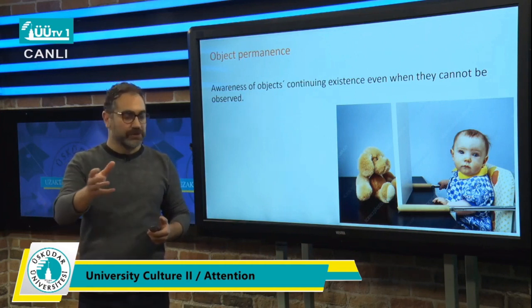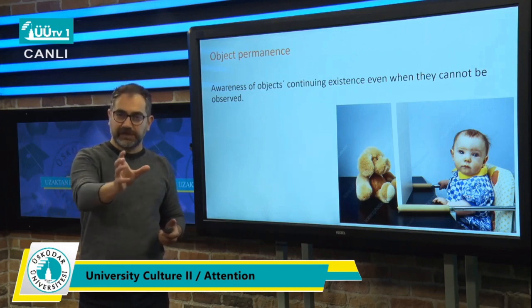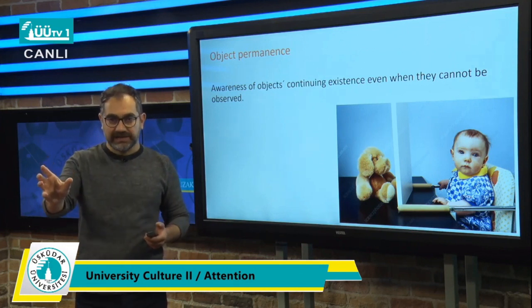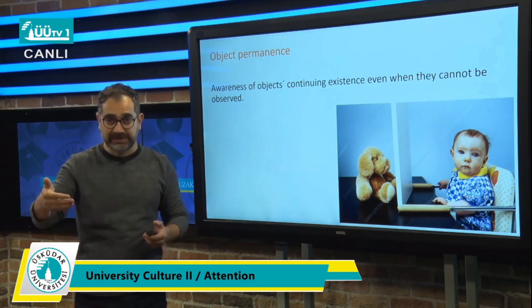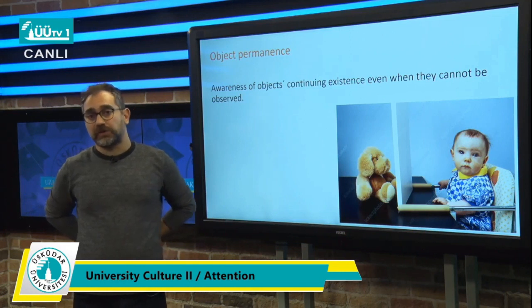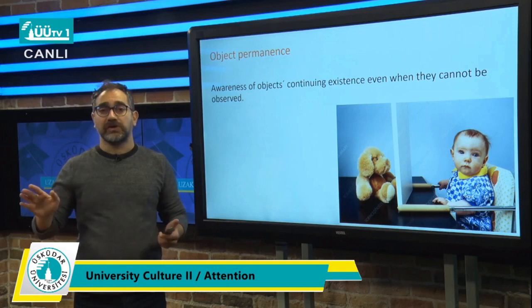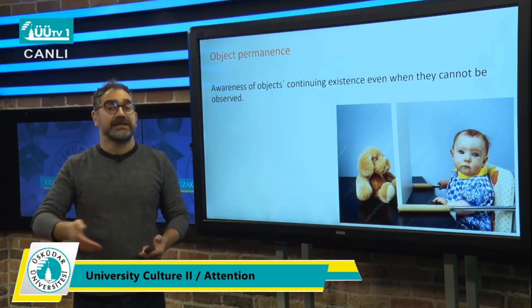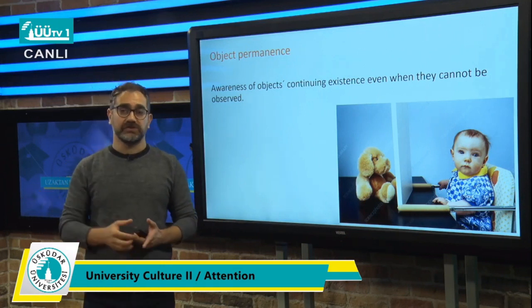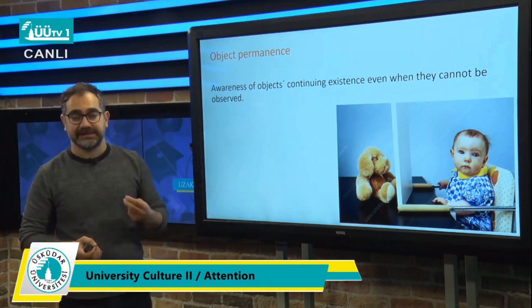Show him or her an appealing toy. The baby will follow the toy with her eyes, showing some interest. However, when you hide the toy behind you or behind some counter, for that baby, the toy disappeared. It is gone, it doesn't exist anymore, because the baby hasn't developed object permanence yet.